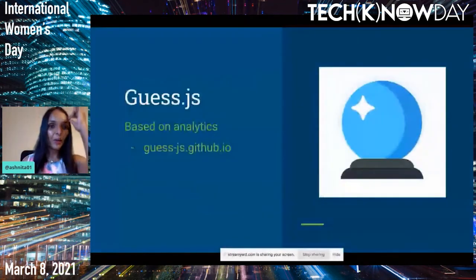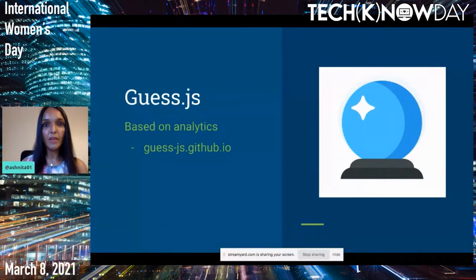Okay, so the next library I wanted to mention is Guess.js, which is written by Minko Gechev, I think in collaboration with Addy Osmani. Guess.js is based on analytics. So it uses analytics data like Google Analytics to decide what the probability is for our user to visit another page from any given page.